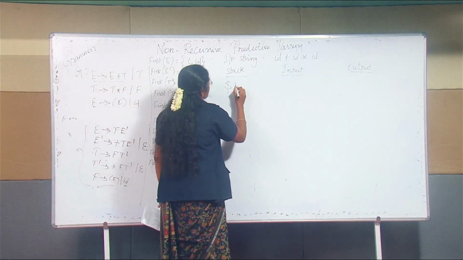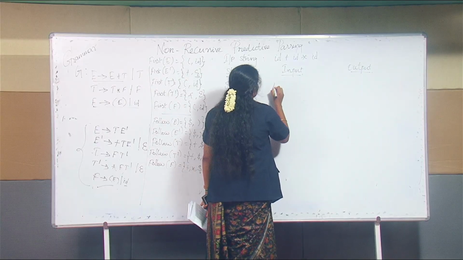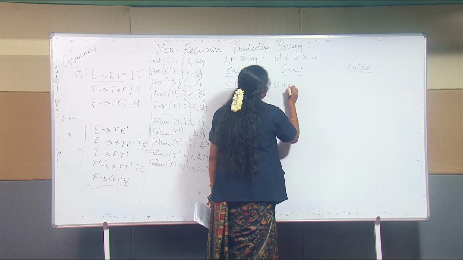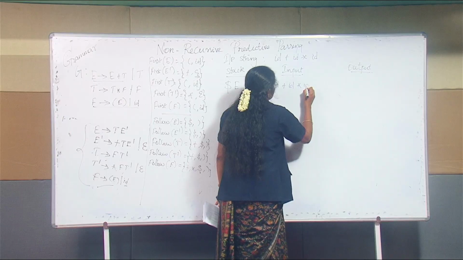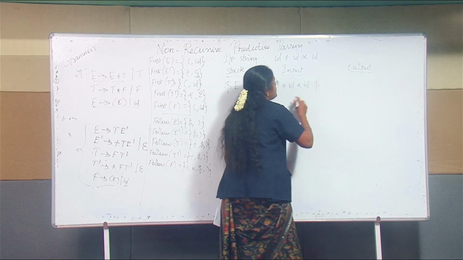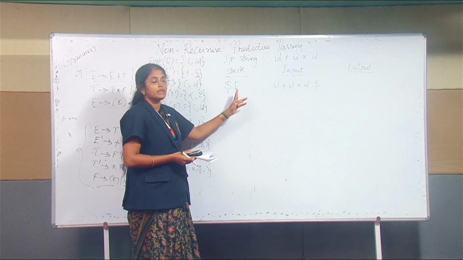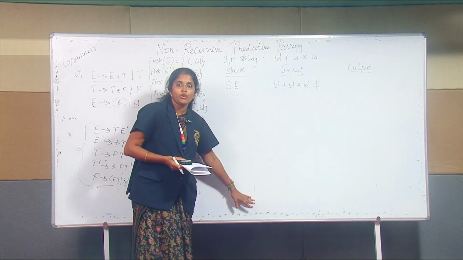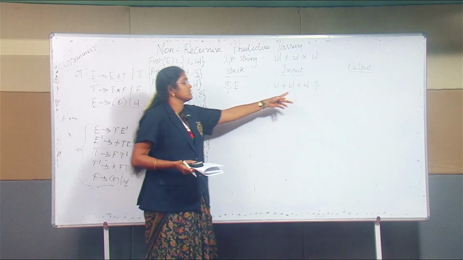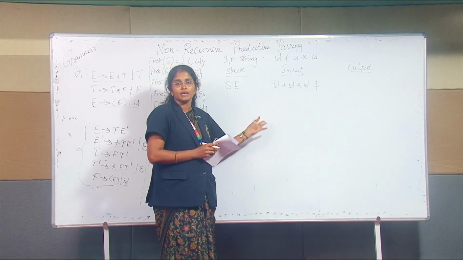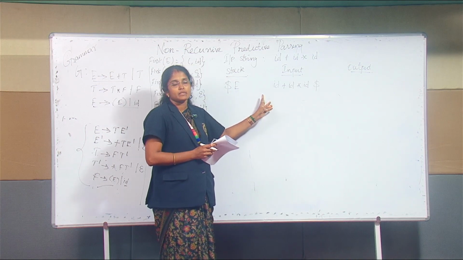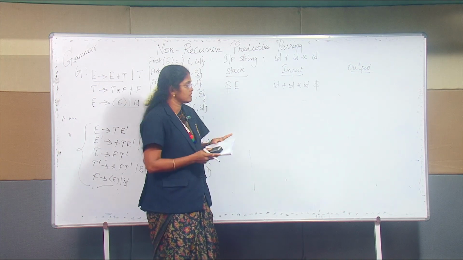In the input column, we write our input string and close it with a dollar. Why do we use this dollar? At the end of the parsing both dollars should remain, which states that the given string is accepted by the grammar.